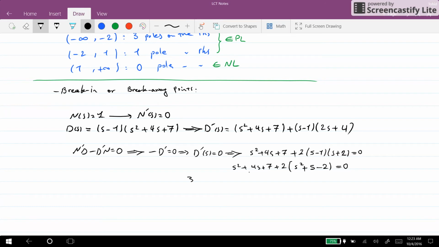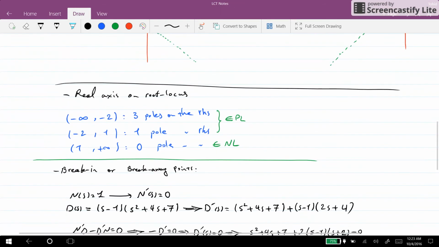So we will have 3s squared plus 6s plus 3 equal to 0, or s squared plus 2s plus 1 equal to 0, which will provide us (s plus 1) squared equal to 0. As a result, we will have two roots at minus 1.